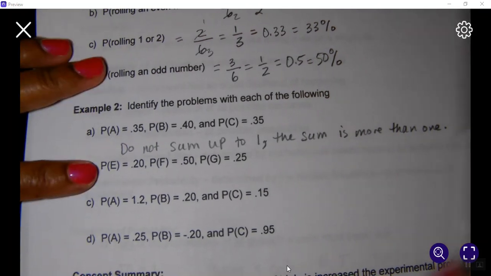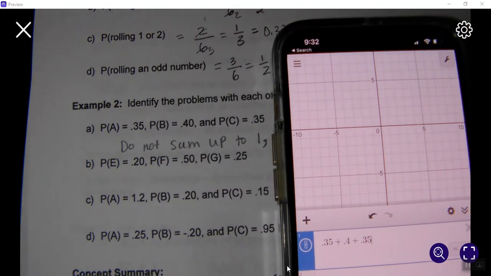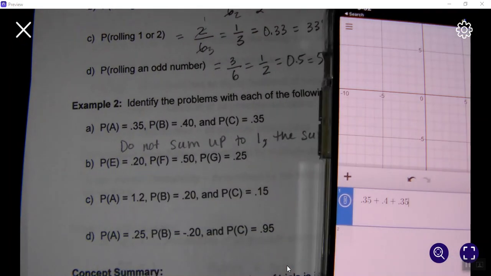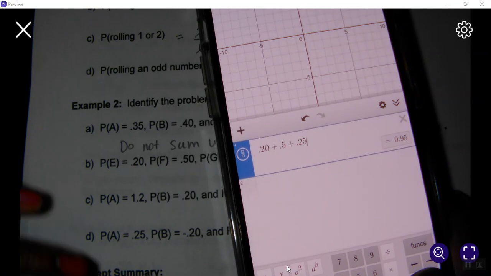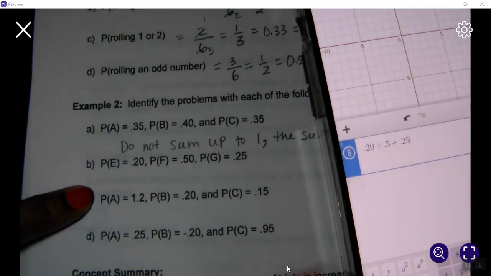The second one, let's see what happens here. Same thing here. If you add them up, so you have 0.2, whoops, not the same thing, maybe it's a little under, plus 0.5 plus 0.25, which is, it's under, okay? They have to equal 1.